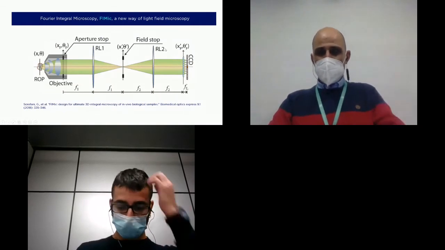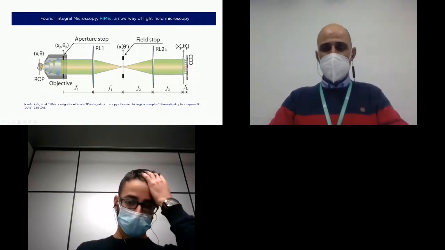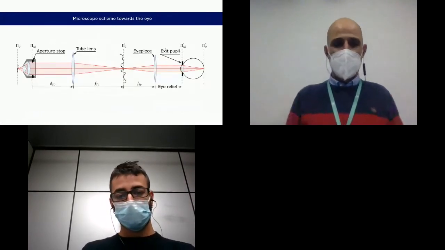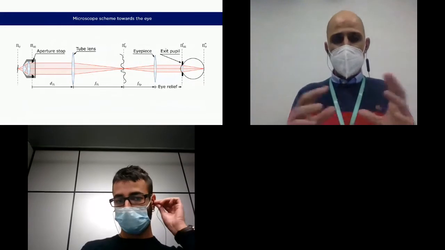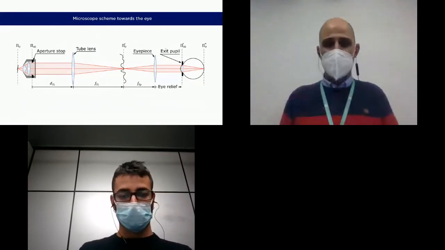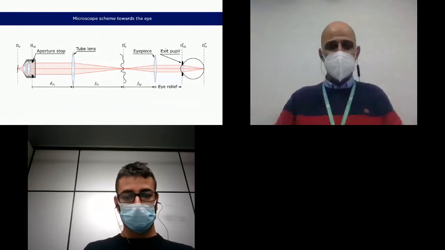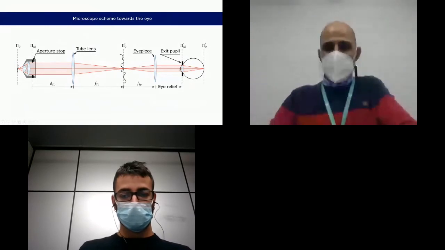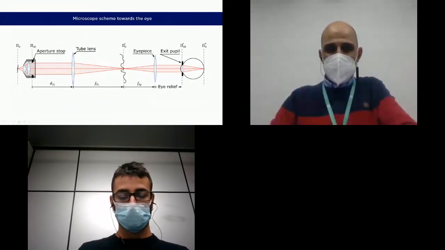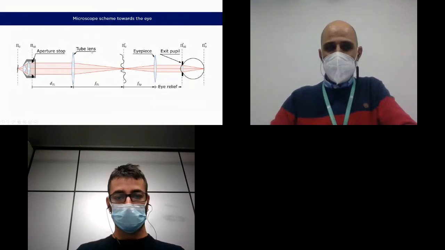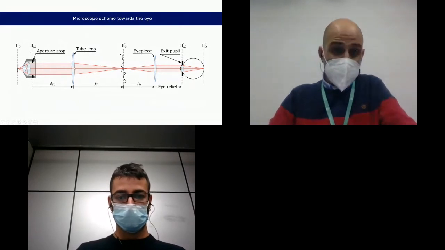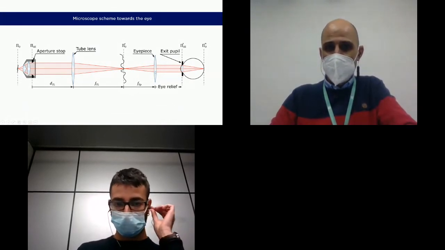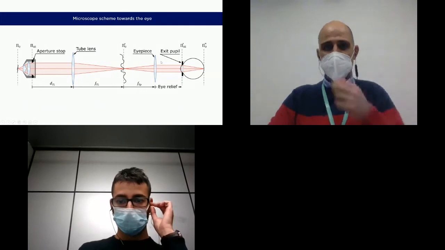So keeping this structure in mind, we thought, if we think about the construction of a microscope and the optical path towards the eye, we have an objective, we have a tube lens that depends on the brand of the microscope, and then we have the eyepiece and the eye.